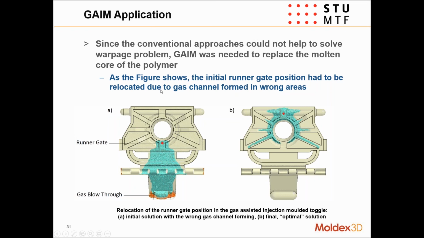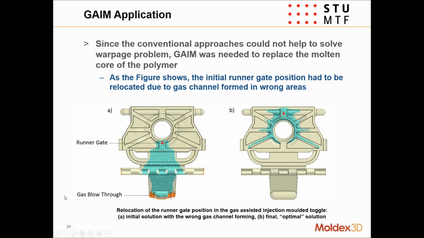So what they did is they looked to GAIM, and they tried a couple of injection points. Their first thought was to put the injection point here, and the gas would penetrate up into the top region. But by running the simulation, they were able to figure out that the gas was actually penetrating downwards, because that was closer to the end of fill, and closer to where the hotter material was located.